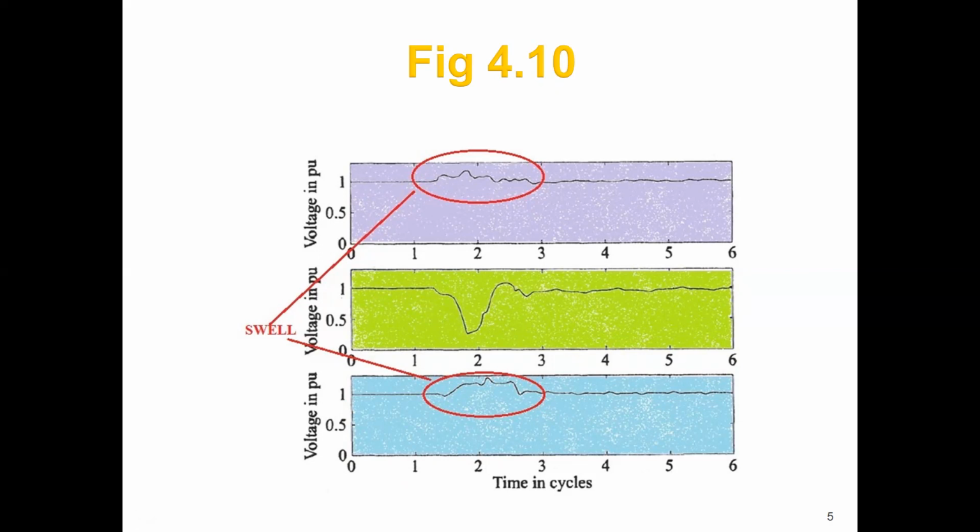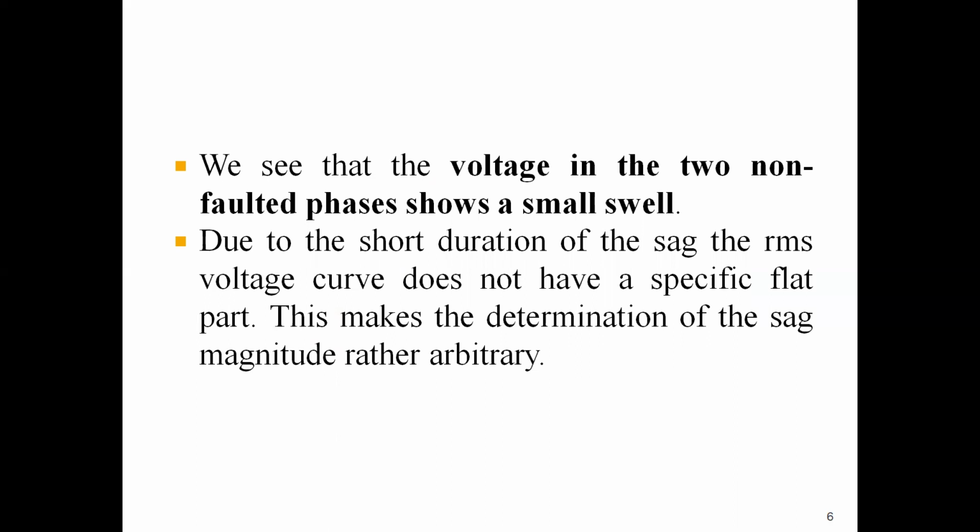So these are two different types of voltage sag in a three phase system. We can see that voltage in the two non-faulted phases shows a small swell.